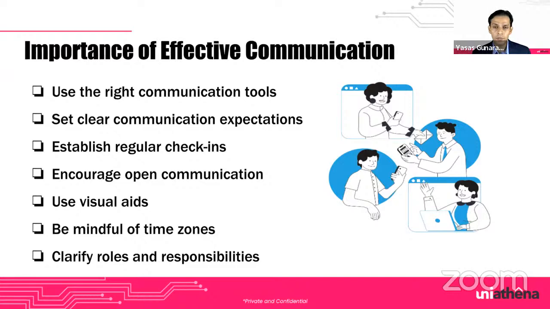Now, in a physical environment, you would know when the person is not in the seat, and if it's 12 o'clock or 1 o'clock, it's the lunch break, or everybody goes for lunch at the same time. But when you connect remotely and teams are connecting from different places in the world, you can't keep track of the lunch times. You're not going to check, okay, are they at lunch first? So sometimes at a glance, your project manager or team member should know that this person is off for lunch.